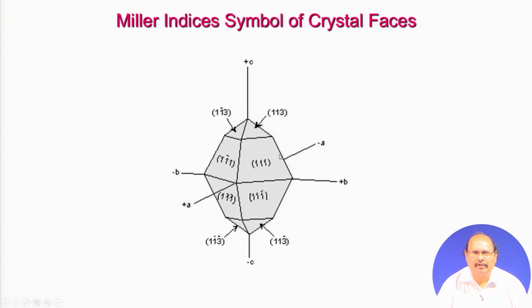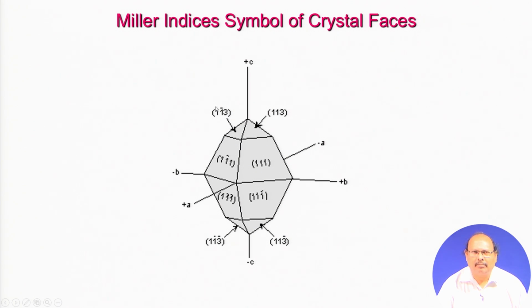Apart from that, you see some symbols where 1 is written and on top of it there is a bar symbol, and this is written as 3. We pronounce it as 1 bar 13.